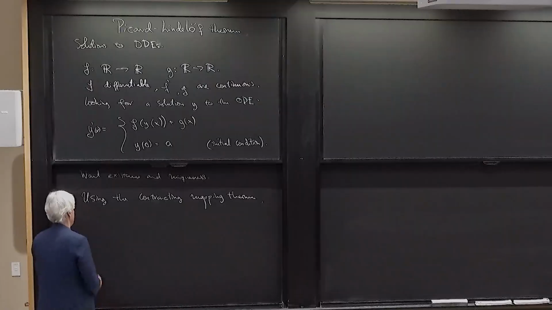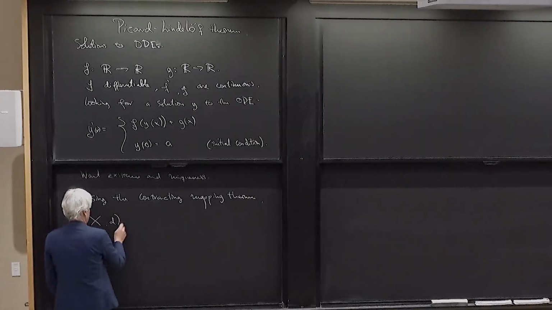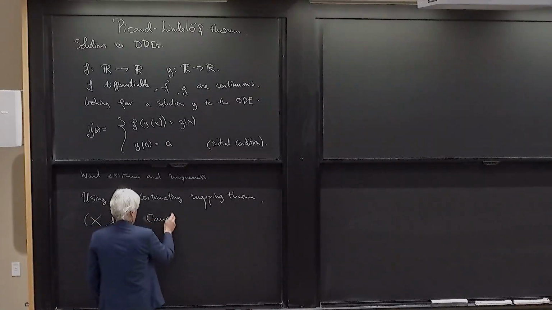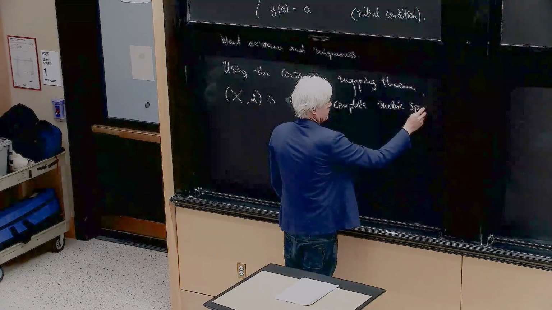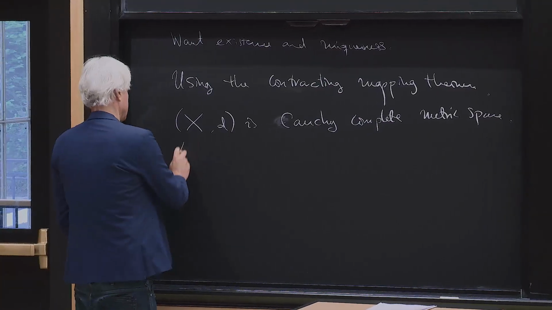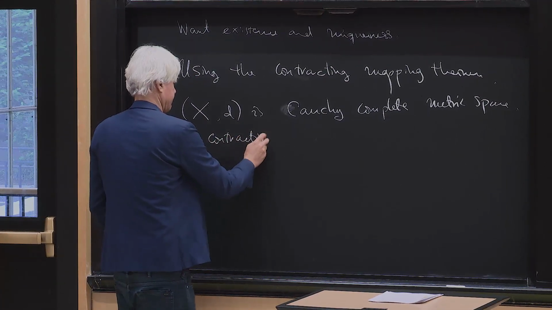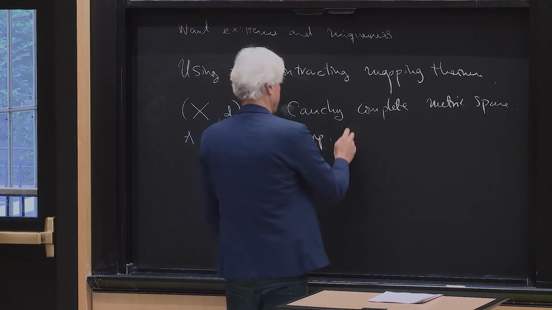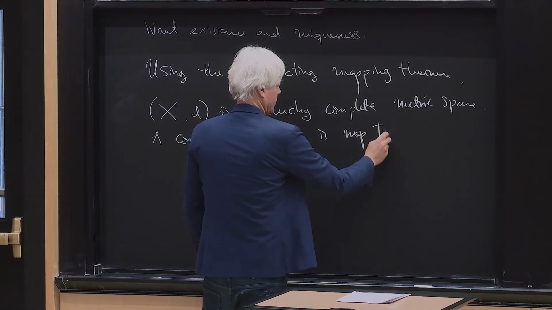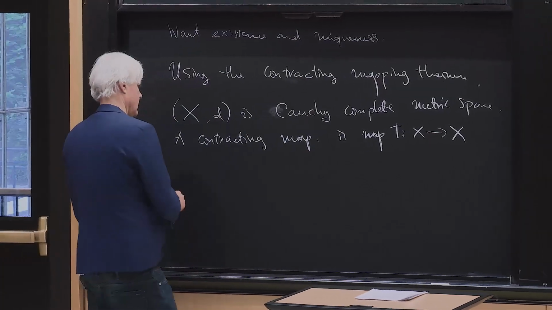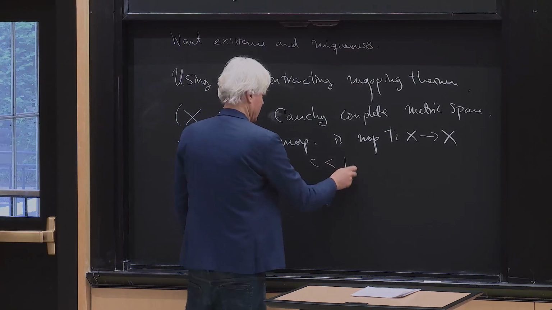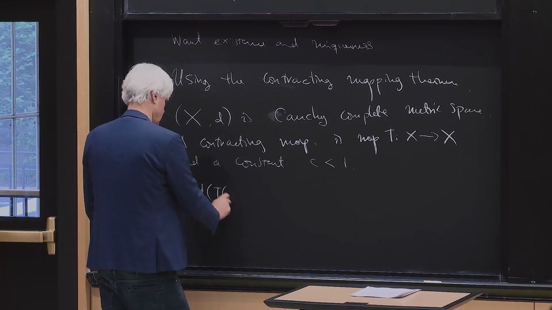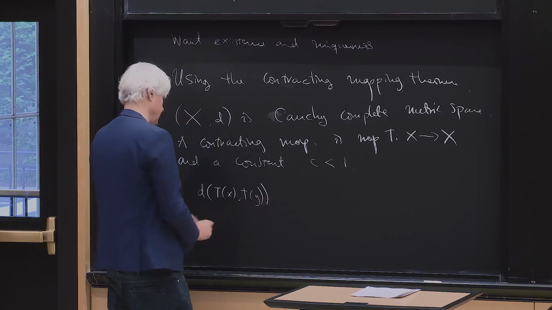The contracting mapping theorem is the following. If you take a metric space X, so (X, d) is a Cauchy complete metric space, then a contracting map is a map T from this metric space into itself, and a constant C strictly less than 1, so that if you measure the distance between the images, the images are squeezed together.